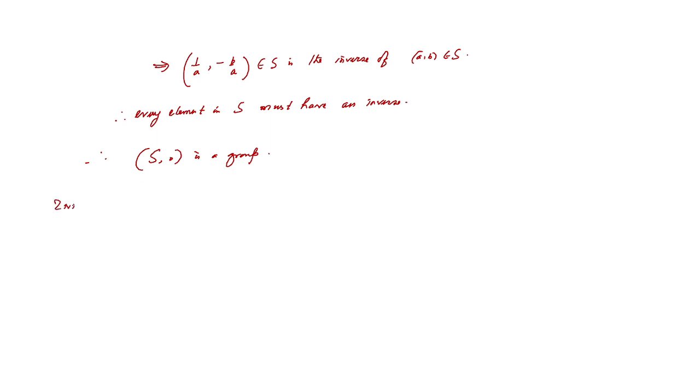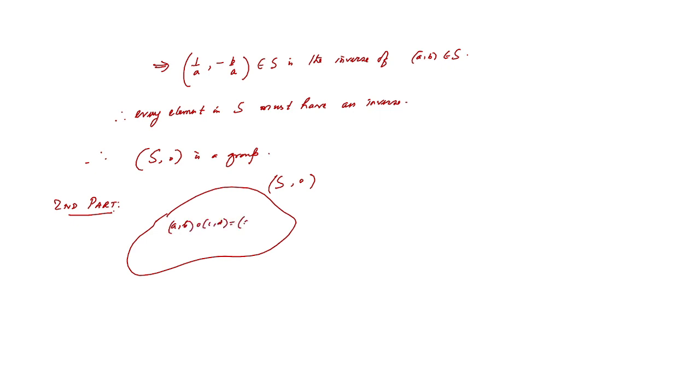Now we'll move to the second part. In the second part, we will check whether it is commutative or not. Here S and ∘ are defined in that way: (A,B) ∘ (C,D) is (AC, BC plus D) for all (A,B), (C,D) belonging to S. So we'll show whether it is commutative or not.